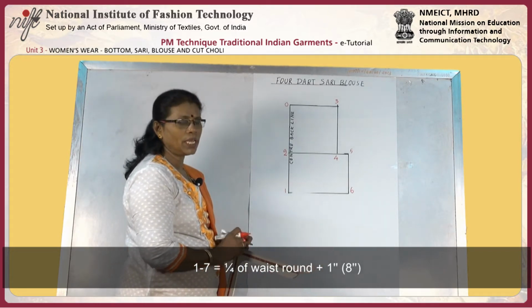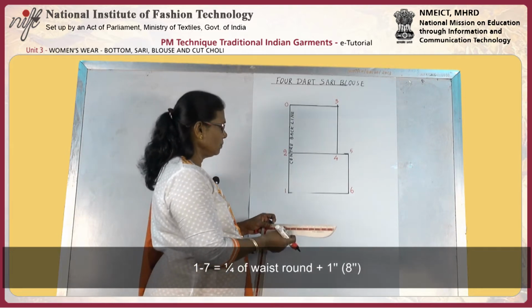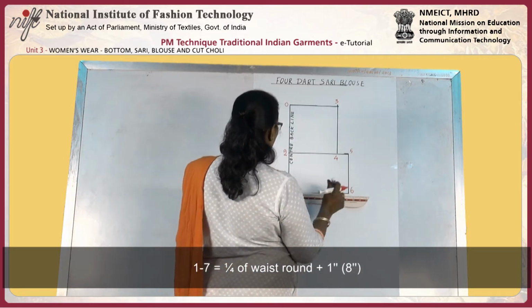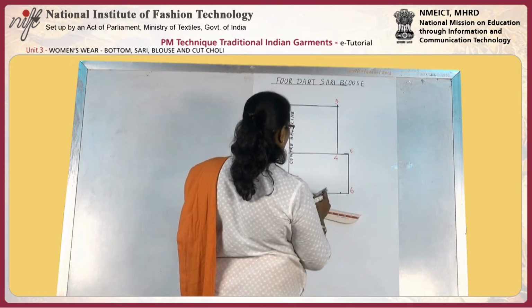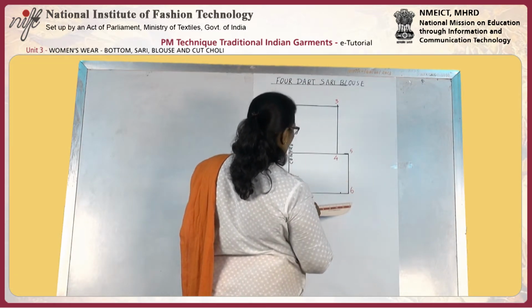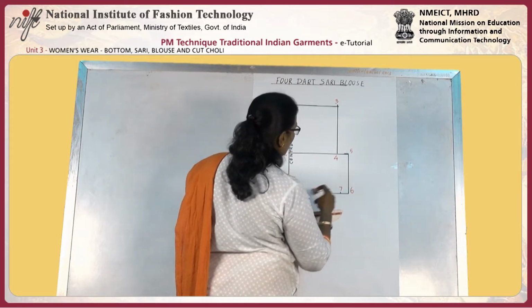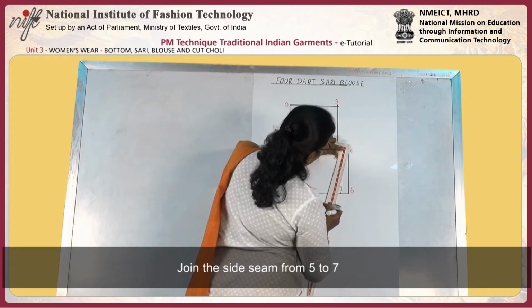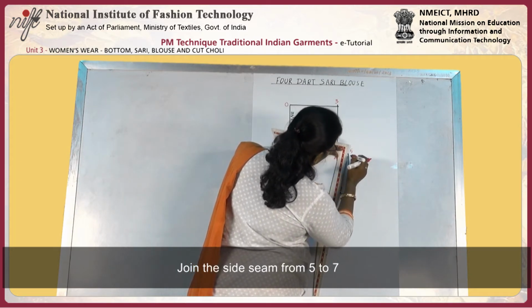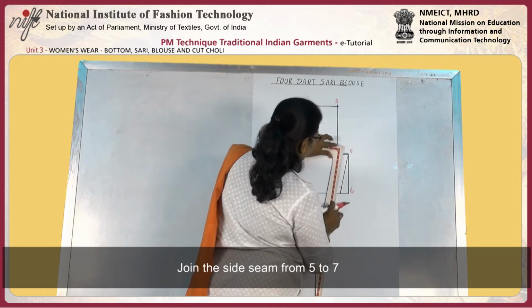Waist round is 28 inches, 1/4 is 7, plus 1 is 8 inches. Mark 7 and join 5 and 7.